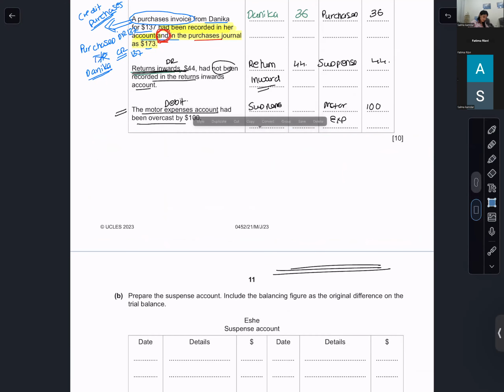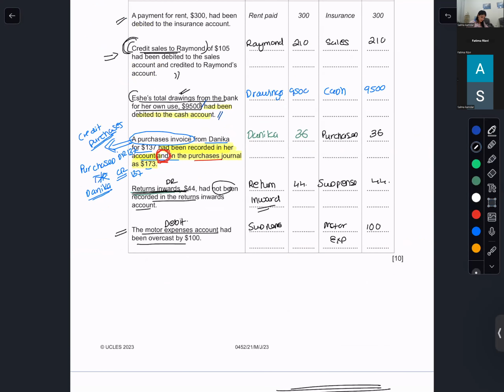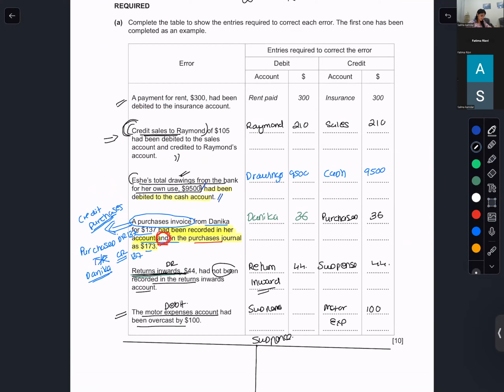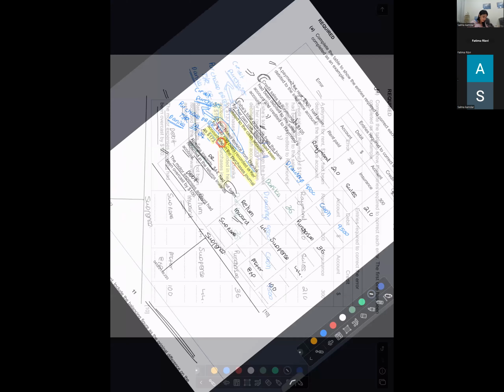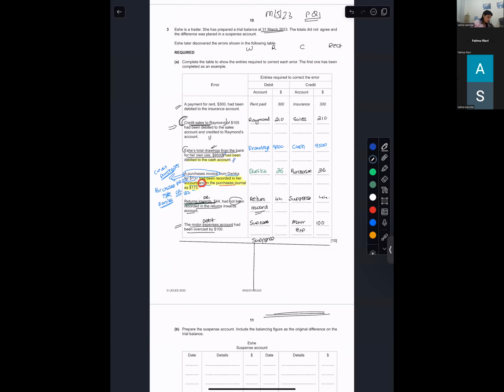What are we asked to prepare? Suspense account. On what date will you prepare suspense account? On the last date. What is the last date? 31st March 2023.